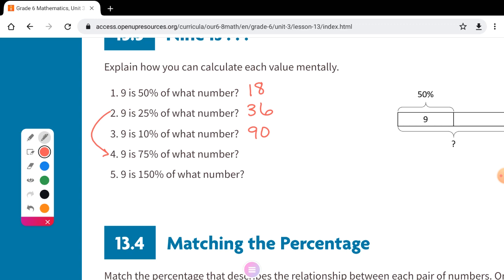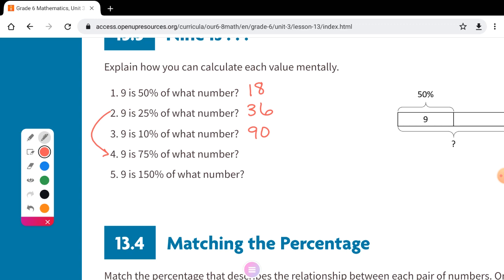What is the fraction for 75%? We're going to check it a different way. 3/4. How can we use that? Get 9 to a fraction, which would be 9 over 1. Or is it easier just to build it up? Just easier to build it up.